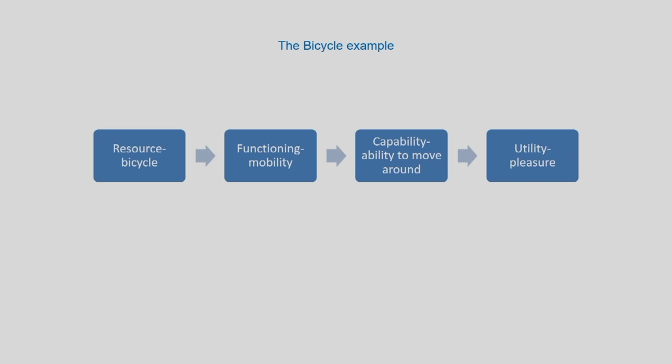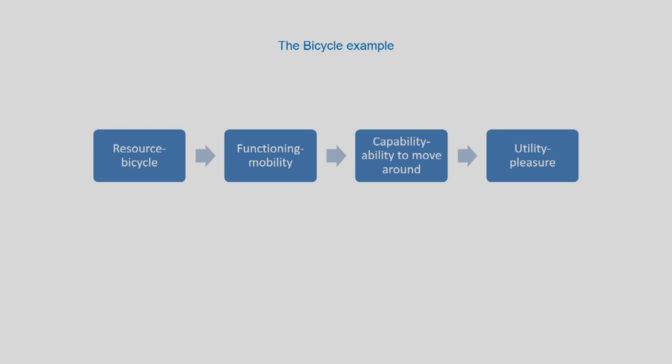So, bicycle as a resource provides a functioning. The functioning here is mobility, and this functioning provides the capability to move around, maybe in search of wages, or to enter into various kinds of association with different kinds of people, creating social networks and so on, which will ultimately provide utility or pleasure.